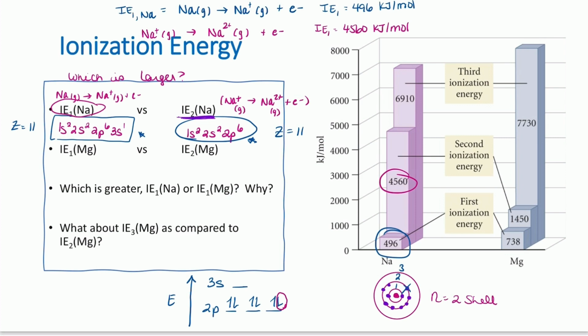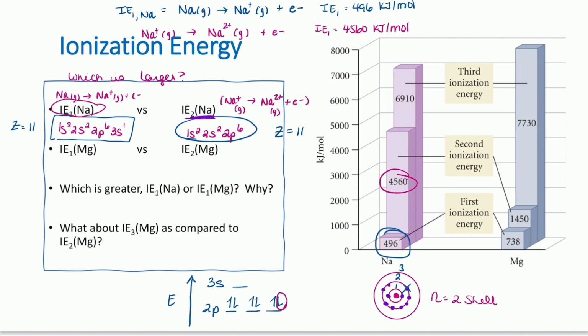It'll do it, but you better pay it a lot to get it to do so. It's going to take more energy than it would to remove the first one. I want you to draw these out and think about that process, and why that makes sense.